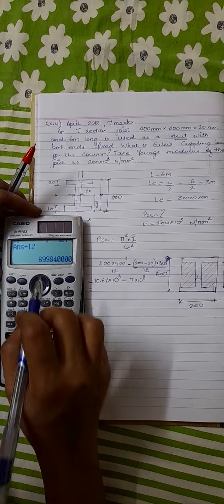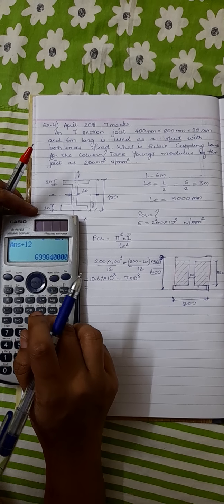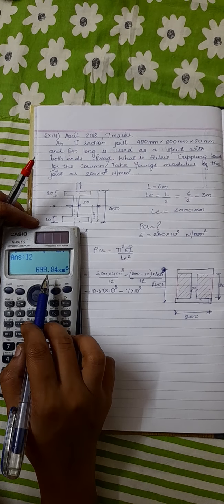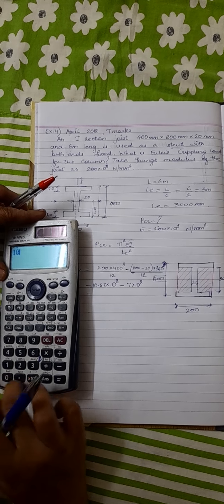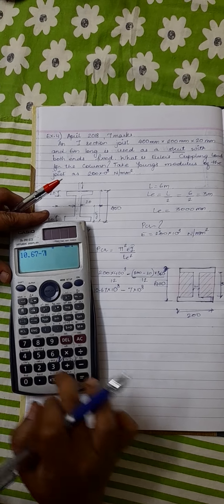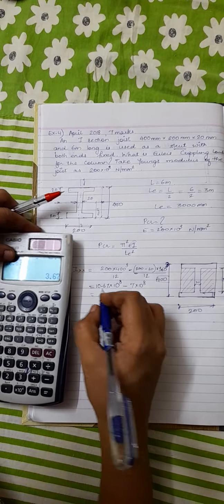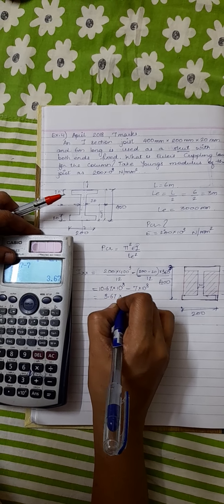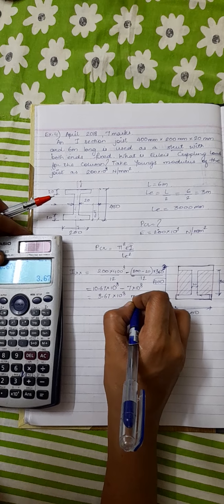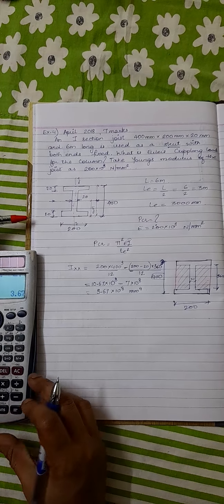Let me confirm. Yes. So 10.67 minus 7 is 3.67 into 10 raised to 8 millimeter raised to 4. So we got the Ixx value.